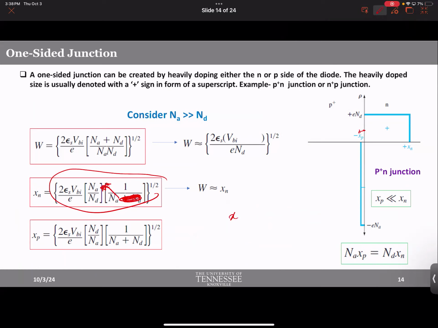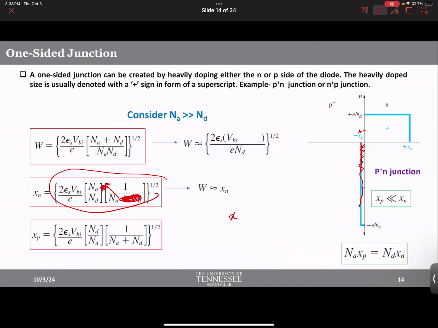If you heavily dope the P region, the space charge zone in that region will be thinner, and the other one will be thicker. Whatever you heavily dope will have a thinner space charge region, and the other one will have a thicker region. So how can I create a one-sided junction, as if there is no space charge on one side and a lot of space charge on the other?